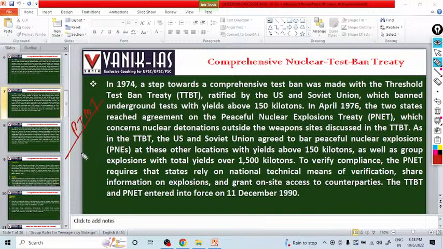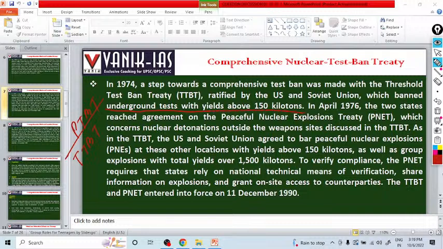Then comes TTBT, the Threshold Test Ban Treaty, which prohibited underground testing, which was allowed in PTBT, beyond the yield above 150 kilotons.